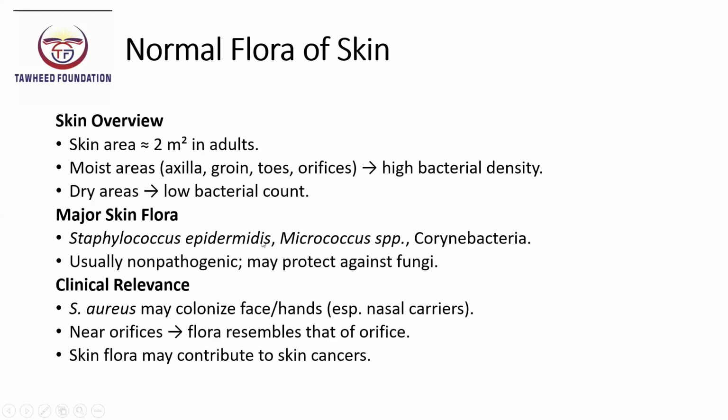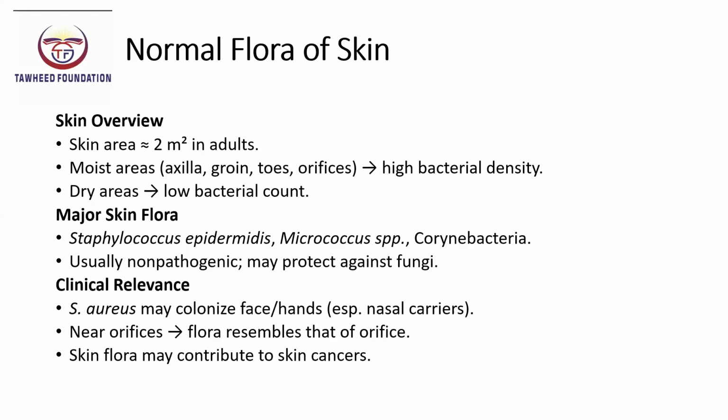These species of bacteria are generally non-pathogenic and considered to be commensal, although mutualistic and parasitic roles have been assigned to them. For example, skin bacteria or their metabolites may protect against colonization by dermatophytic fungi, or bacterial metabolites on the skin may contribute to the development of certain skin cancers.